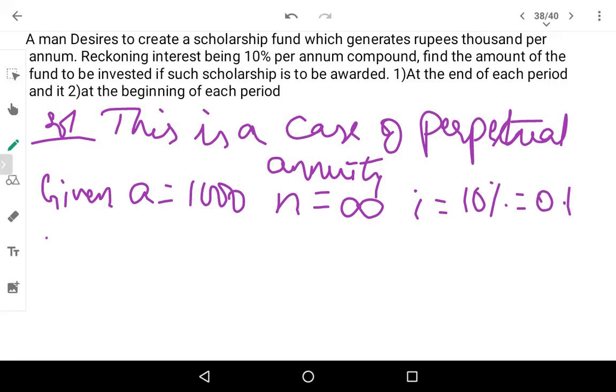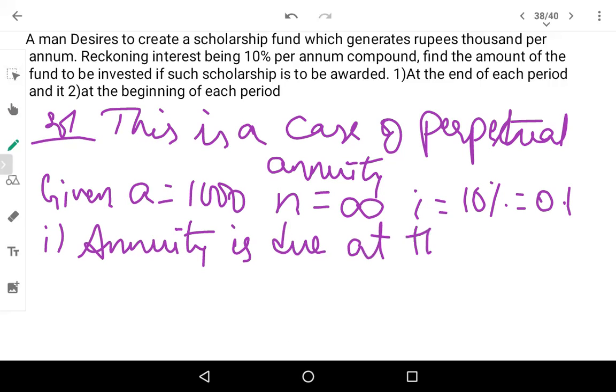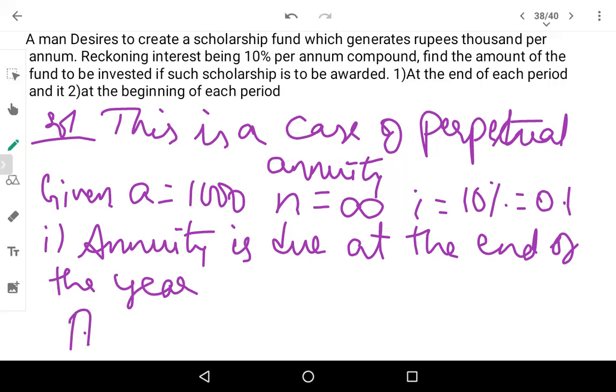Now, if we consider that the scholarship is being awarded at the end of each period, then annuity is due for the first scenario at the end of the year, and the formula for the perpetual annuity is A by I. So A is 1000 divided by I is 0.10.